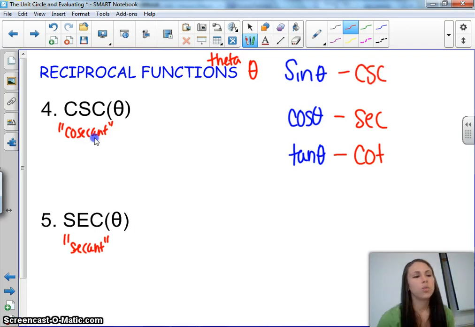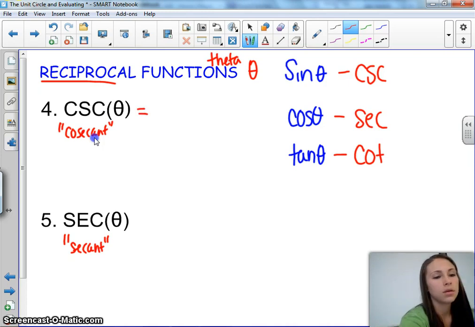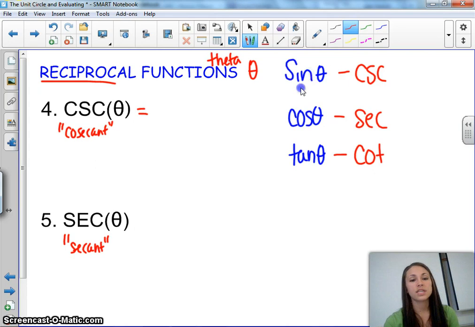And so now, the word reciprocal just means that you take a number and flip it. So if I had like 3/4, the reciprocal would be 4/3. And so for cosecant, the reciprocal is just going to be 1 over whatever sine was, and sine was y.